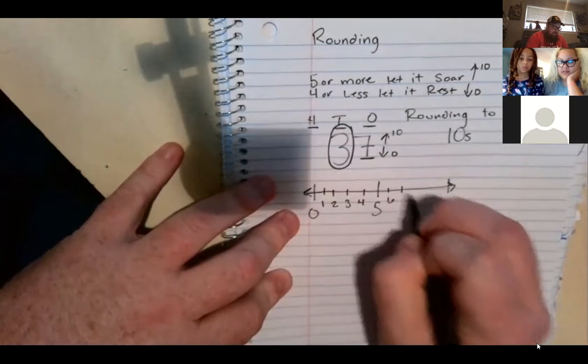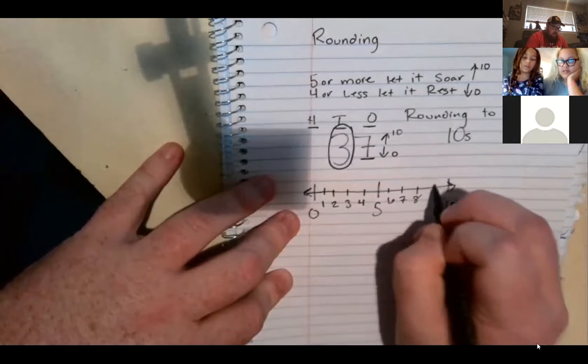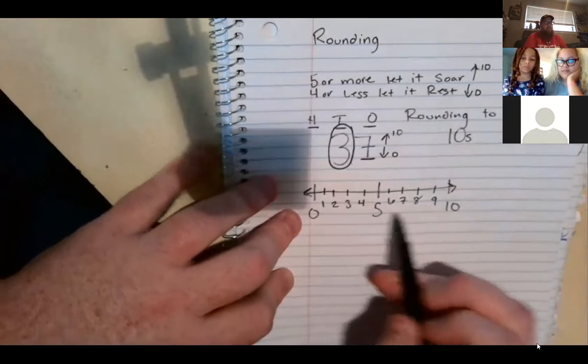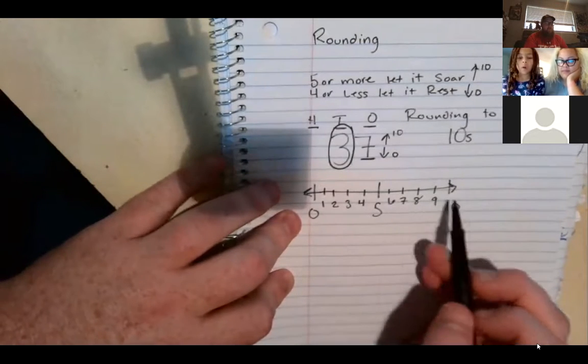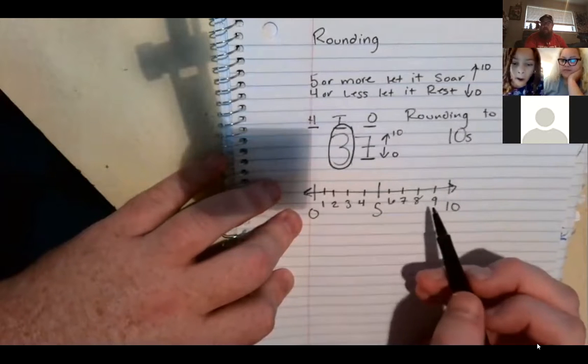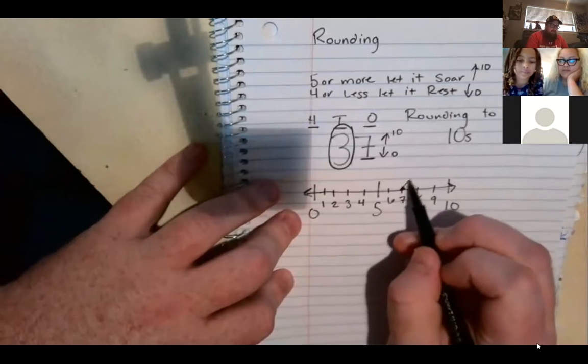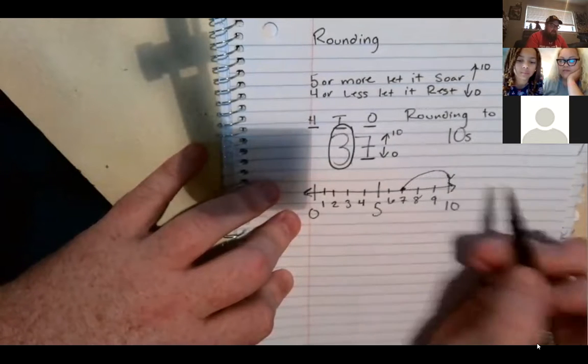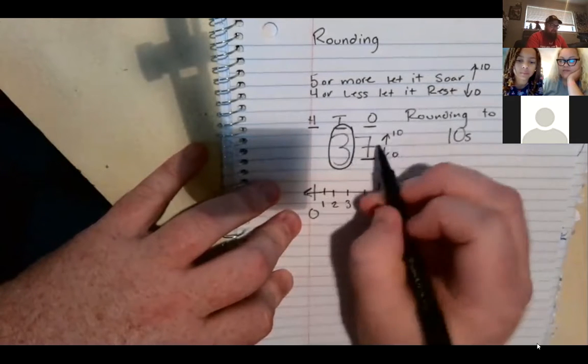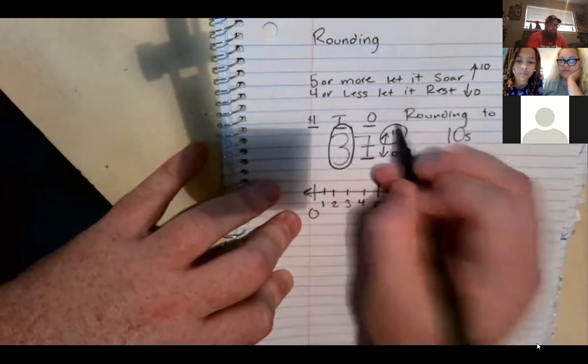And 6, 7, 8, 9. And we looked at our number line and we said, okay, where is 7 on just a basic number line? And we see that 7's right here. So because 7 is closer to 10, we know that in 37, the 7's going to round up.